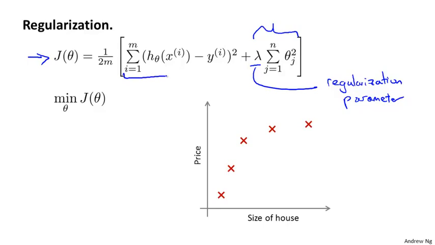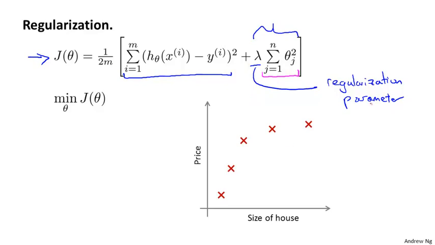The first goal, captured by the first term in the objective, is that we would like to fit the training data well. We would like to fit the training set well. And the second goal is we want to keep the parameters small, and that's captured by the second term, the regularization term.